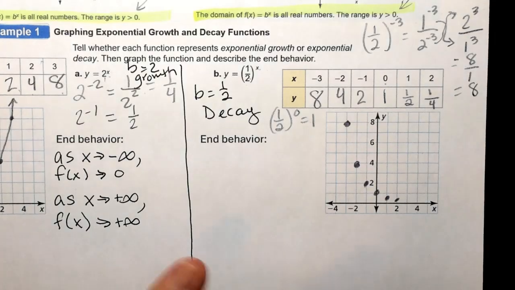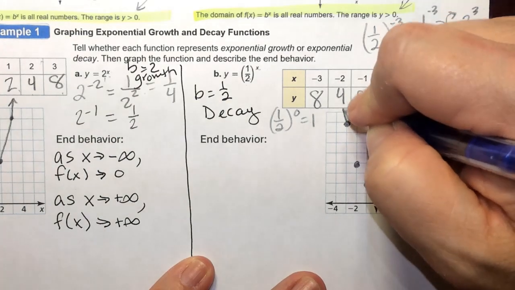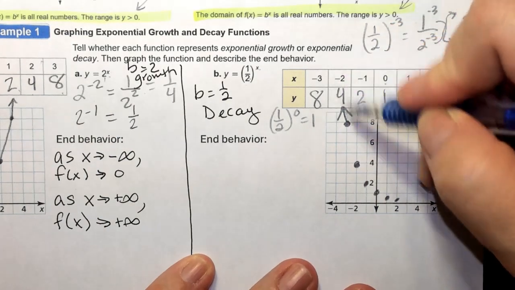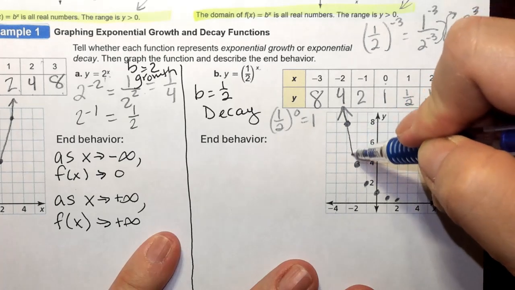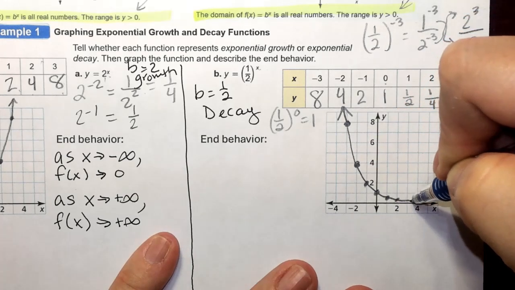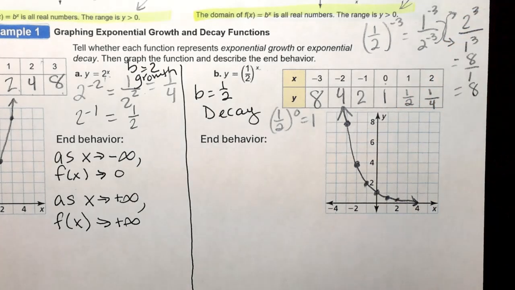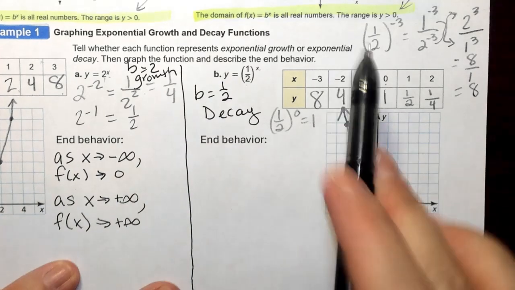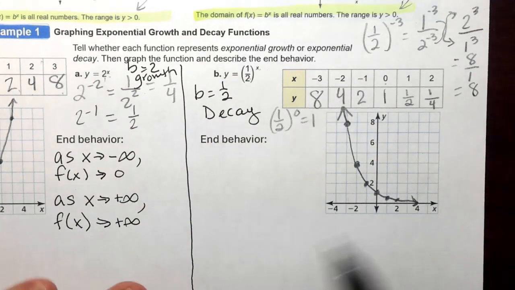All right, so you should have gotten those points. It's going to continue to go up that way, and then this one's getting closer and closer to 0 without ever touching or crossing. So our end behavior, you could look above for the end behavior. It's got the decay end behavior.